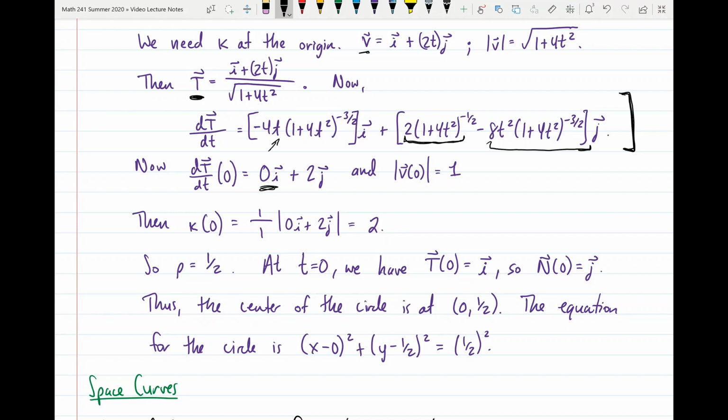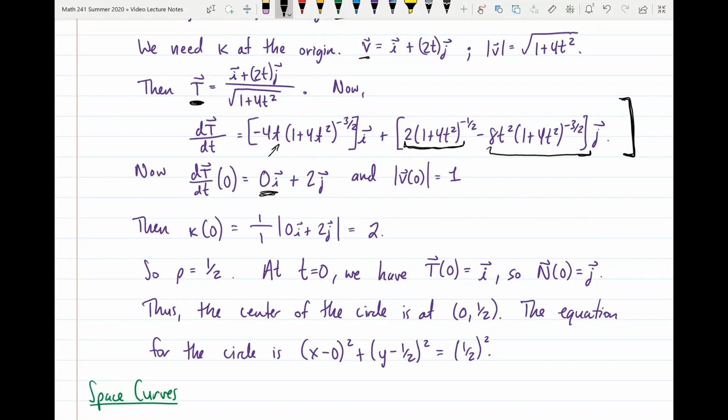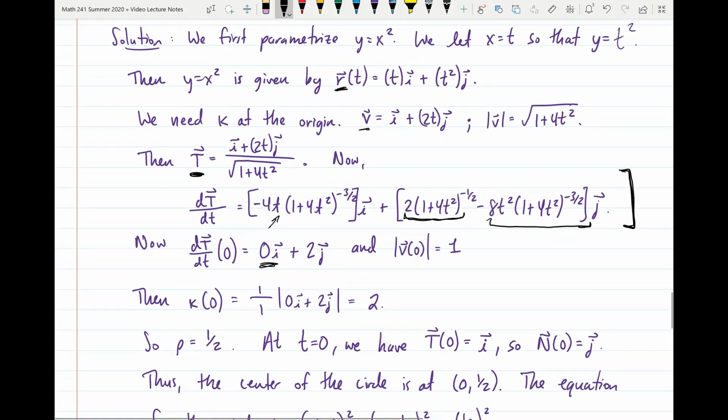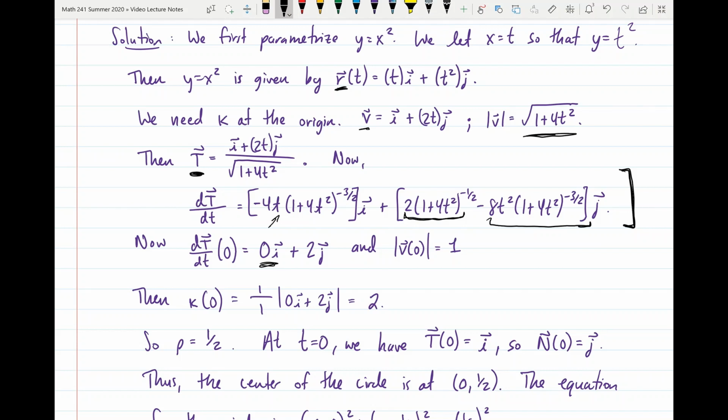So ultimately, the derivative of the unit tangent vector with respect to t evaluated at 0 is going to give us the vector 2j. And the magnitude of the velocity at 0 is going to be equal to 1. To find that, you can just take 0 and plug it back into this equation right here, giving you the magnitude of the velocity.